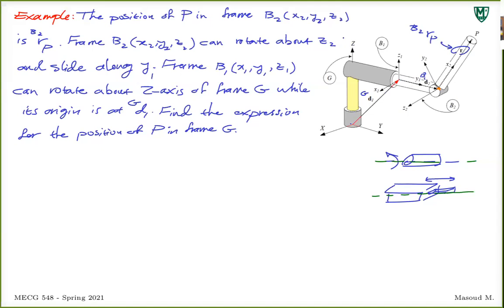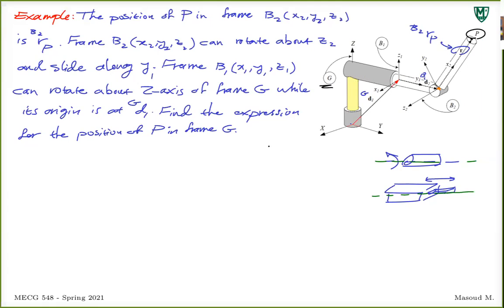All right. So a lot of talk there, but what is this? What this example is trying to do is show you the general procedure. There is not really that much information about X, Y, Z coordinates. All it's trying to say is, you want to find the expression for point P in the global coordinate frame. So you want to find where this point is in frame G. Now, you have frame B2, you know the coordinates of point P in B2. Then you have B1 between B2 and G. So you have to do a compound transformation.